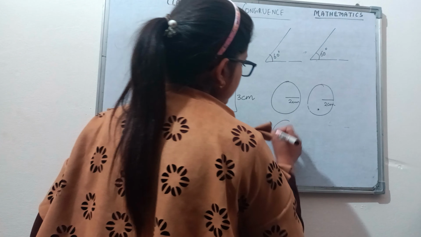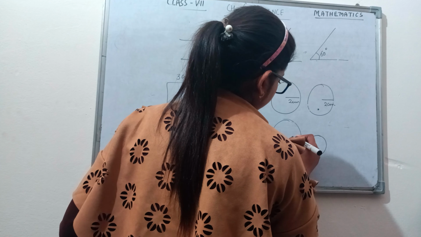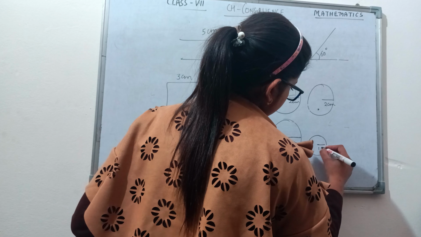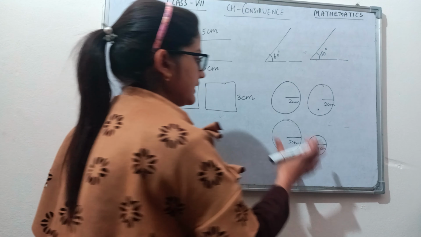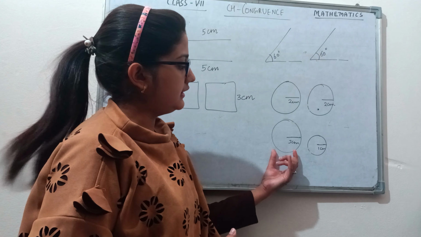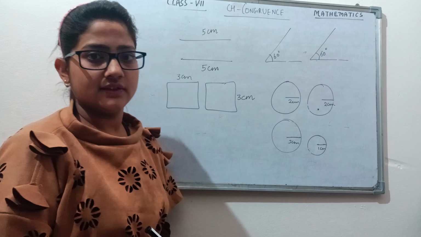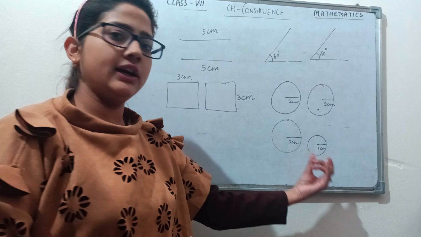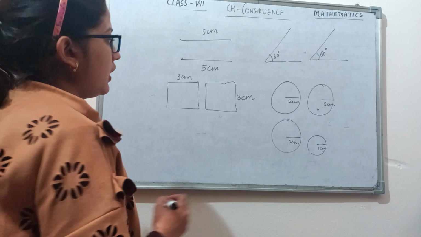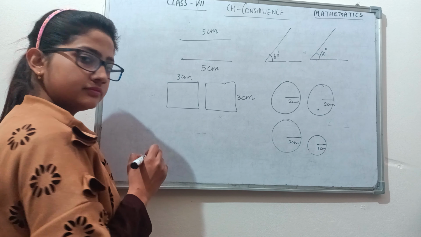If the radius of two circles is different, say its radius is 3 centimeter and its radius is 1 centimeter, these are the same in shape but different in size, then these are similar circles. These are not congruent, these are similar circles. Next is congruency of rectangles.